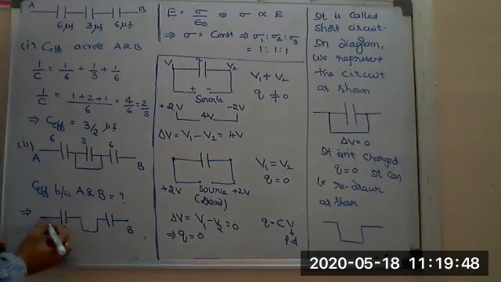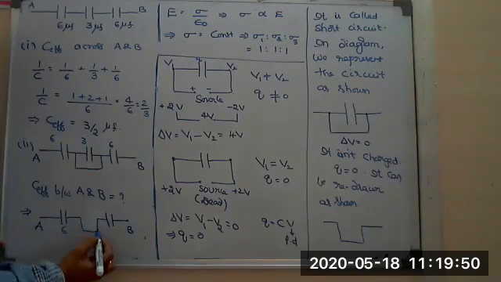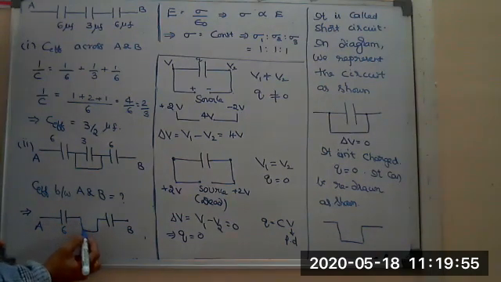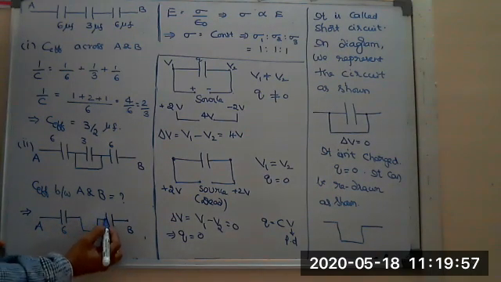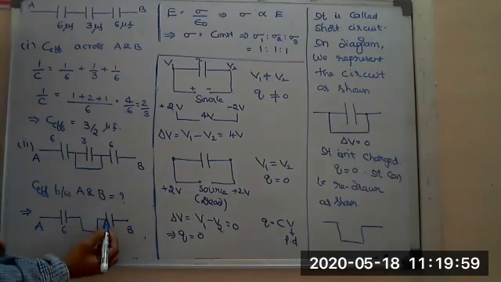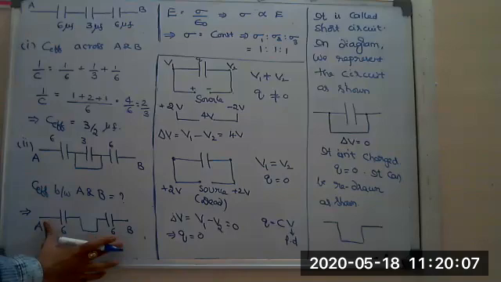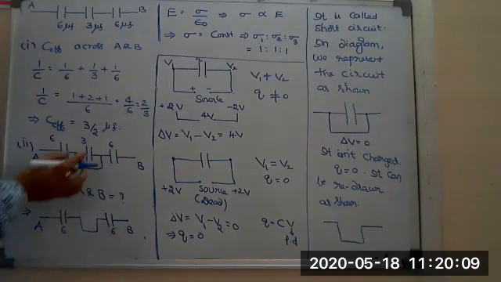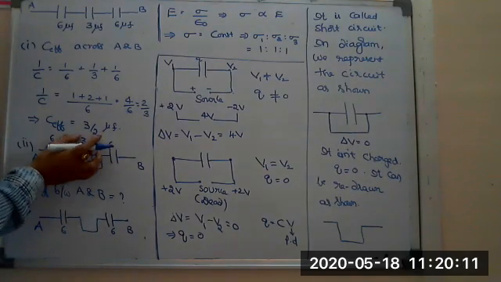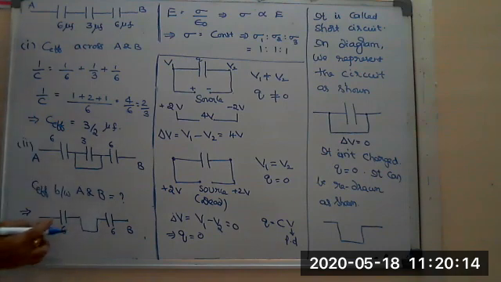Without that capacitor, I am taking the third capacitor between A and B. So it is 6 in continuation. There is no break. Just the path is changing, but there is no change in the circuit form. You come straight to the third capacitor, 6. By eliminating the capacitor 3, they are again in series.